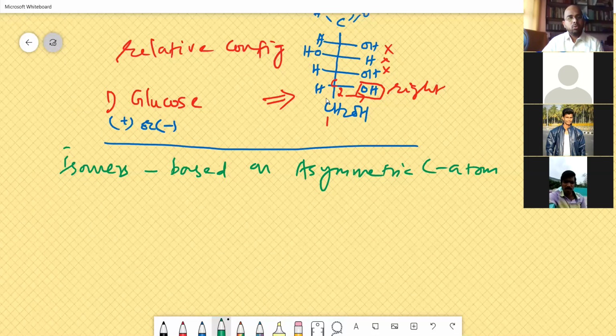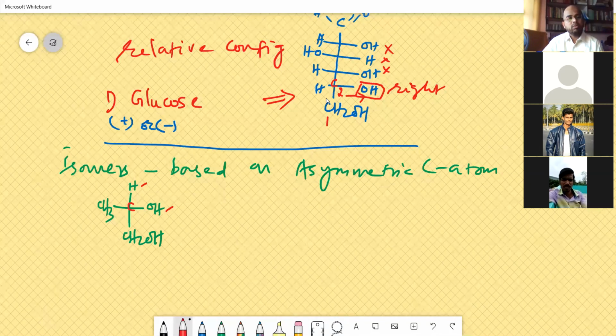If you have one asymmetric carbon atom, that is 4 different groups: H, OH, CH2OH, and here maybe some different group I can attach, CH3. So this is a carbon atom in which 4 different groups are attached, 1, 2, 3, 4. Therefore, this is an asymmetric carbon atom.